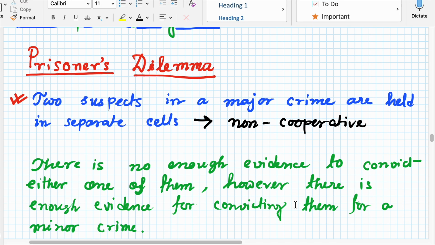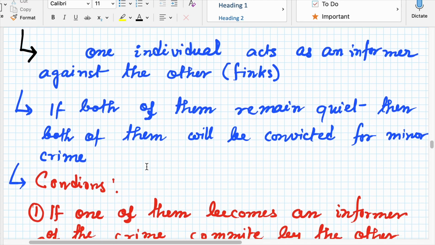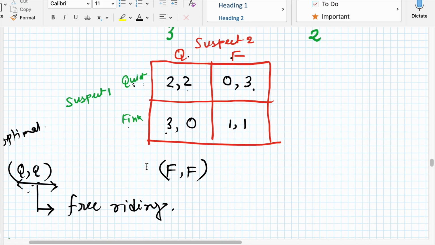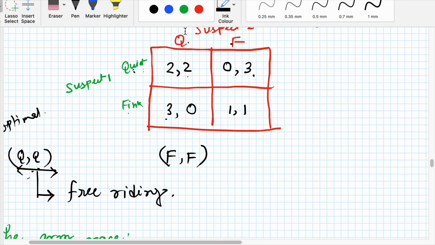That dilemma is represented by the prisoner's dilemma in mathematical terms. Then we wrote this payoff matrix. Today we are going to see what the equilibrium corresponding to this prisoner's dilemma is.